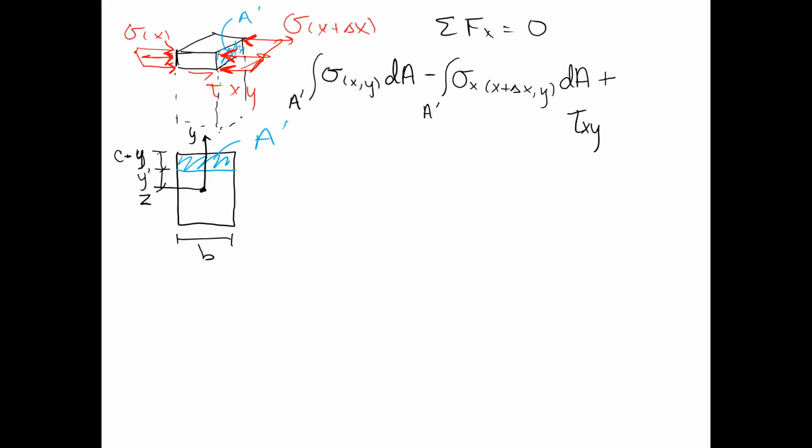So instead of integrating it, I can just multiply by B, and that's the width at y prime, because this may not have the same width at all elevations, but at y prime, it has some value of B. And then I'm going to multiply that by dx. Delta x is this value here. And the distance we're taking is from our centroid, right? The y prime value is measured from the centroid, correct. And this all has to sum to 0.